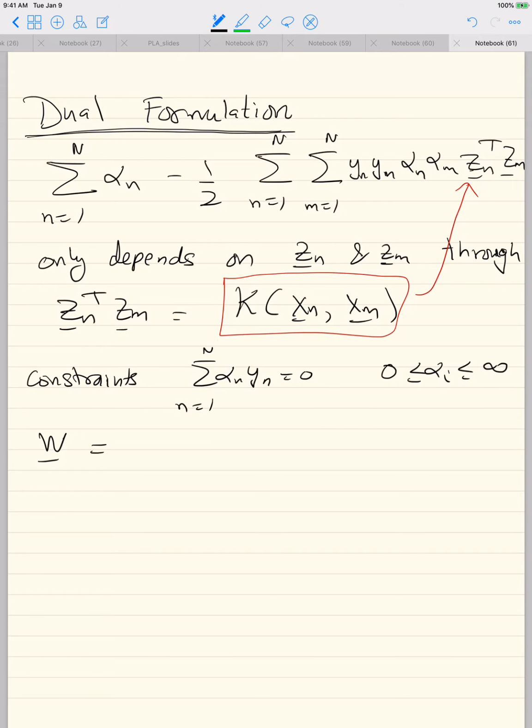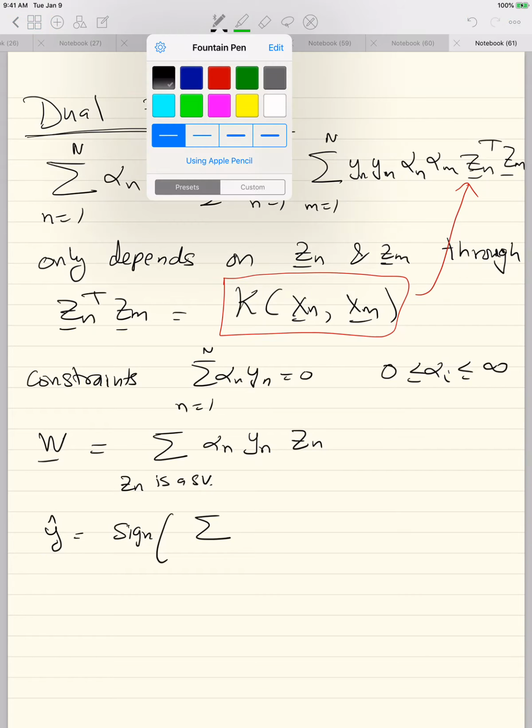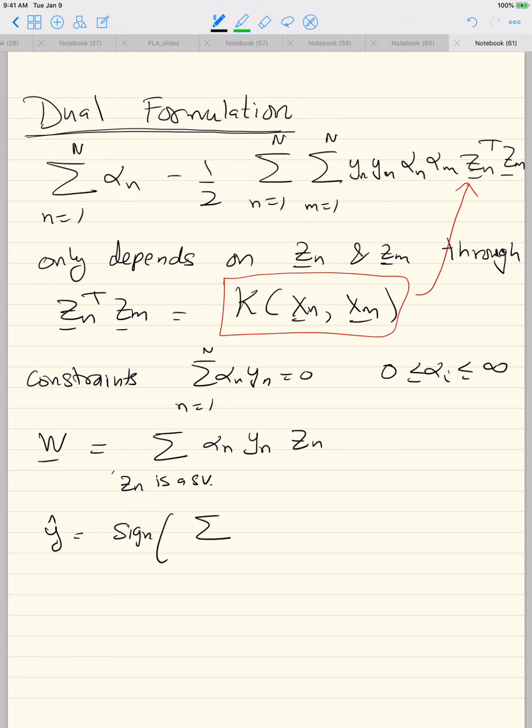Also, if you look at W now, W will be summation over alpha n, y, and zn, where Zn is a support vector. So our decision rule will be the sign of summation, or we can also write this equivalently, because if Zn is a support vector, it's equivalent to saying that alpha n is positive.